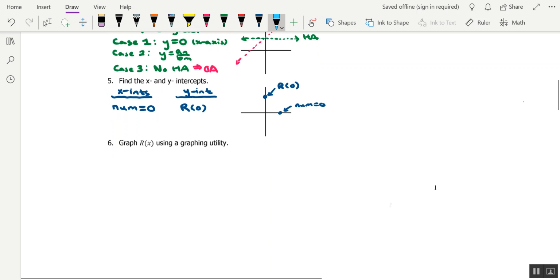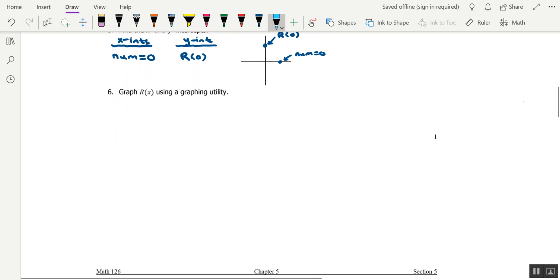We get a lot of good information up to this point, but in a lot of cases it's not enough to infer what the different pieces that these rational functions typically have are doing in the graph itself. So one of the last steps is to enlist the help of the graphing calculator. When you do so, you go to y1 and you type in your rational function.